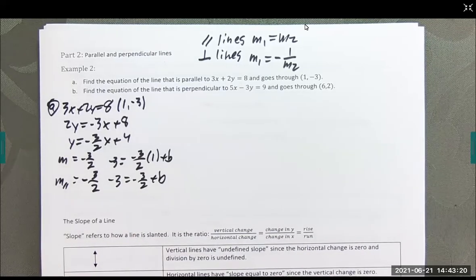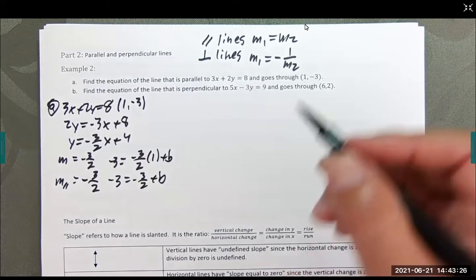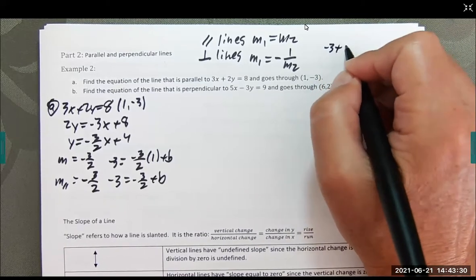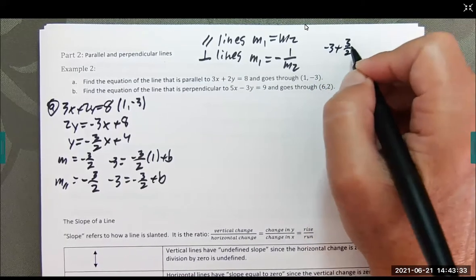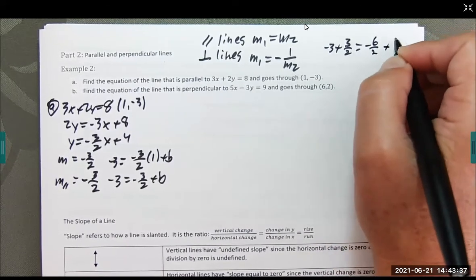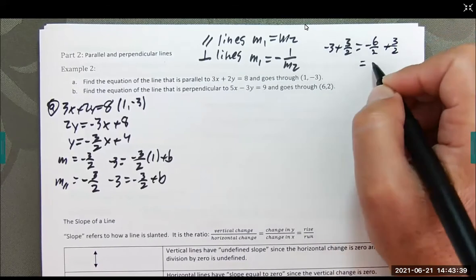And we add the 3/2 to the other side. And get the scratch over here. So negative 3 plus 3/2, negative 6 over 2 plus 3/2 is a positive 3/2.